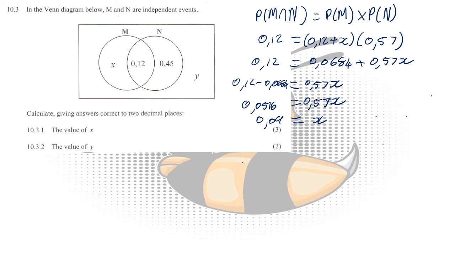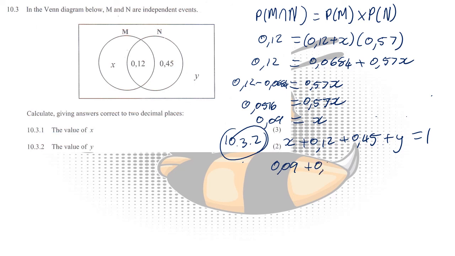Okay, but that was that. Now for 10.3.2, we know that if we add the x plus the 0.12 plus the 0.45 plus the y, it should equal to 1, because your probability cannot be higher than 1. We substitute in all the values that we have, and y will be the only variable.